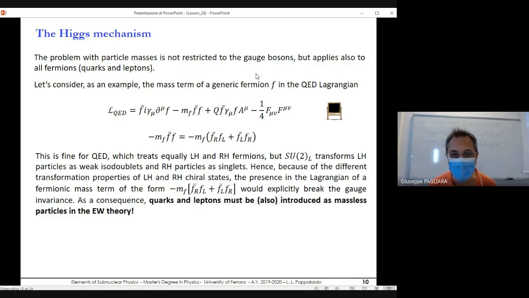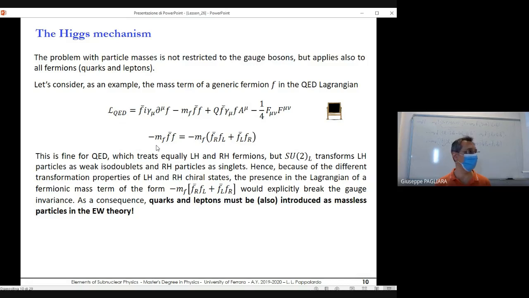So this kind of combination, when put into the Lagrangian of the electroweak theory, will immediately kill the gauge invariance.